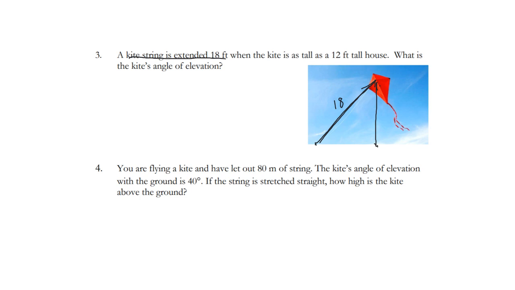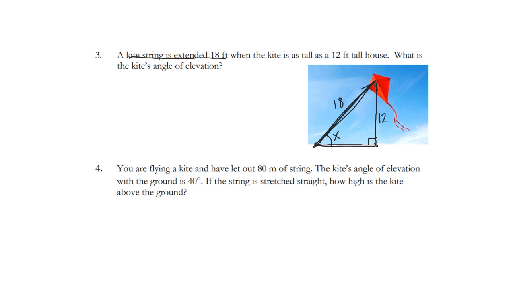And then it says, what is the kite's angle of elevation? So we make our right triangle here, and we're wondering what the kite's angle of elevation is. So if I was standing here and I was looking this direction first, and then I looked up at the air at the kite, we're talking about this angle right here. By the way, I also didn't write my 12 over here for the height of the kite.